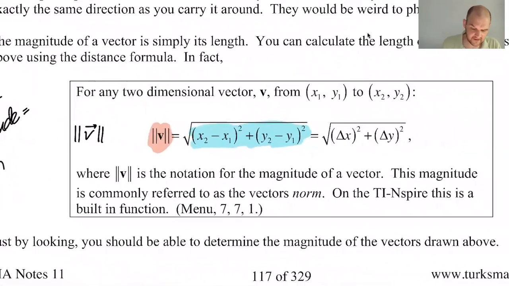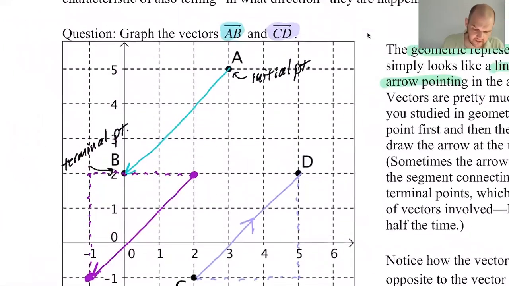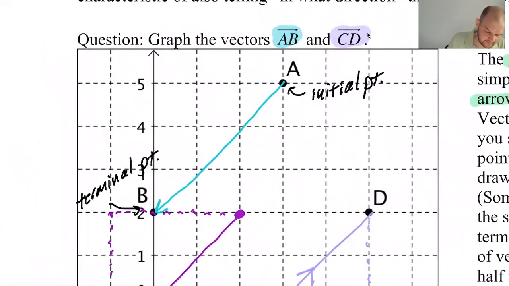Another way of thinking about it, and I think it's a good way, is delta x squared plus delta y squared and then square root. You have a change in x, a change in y, and then square root. If we go up here, we'll find this one. So for the vector AB, delta x is -3 because you go 3 to the left.